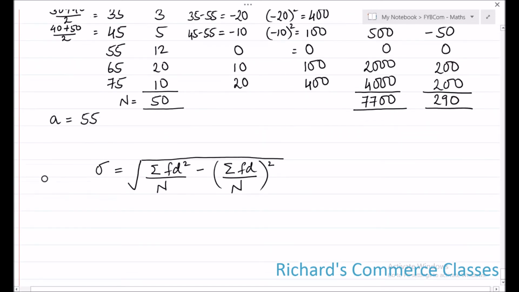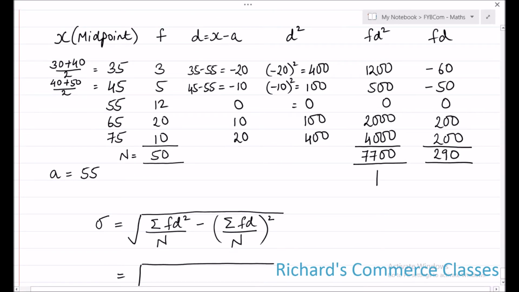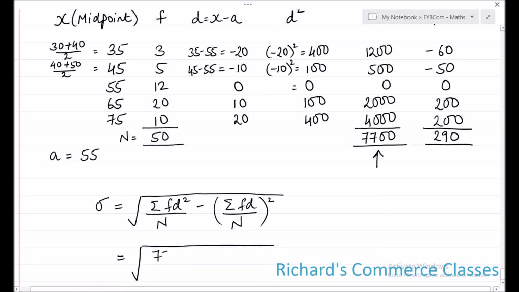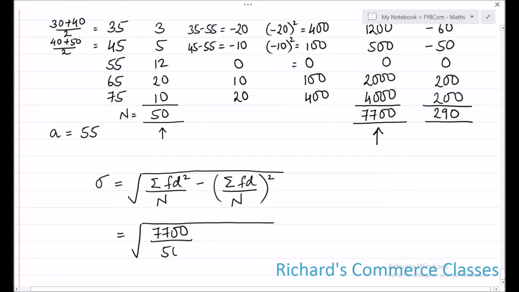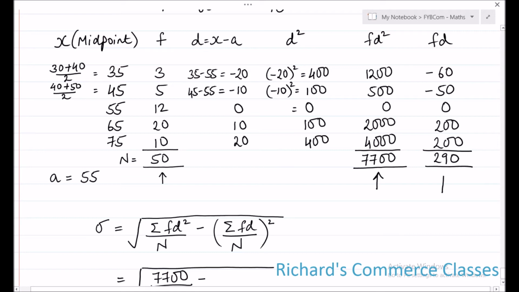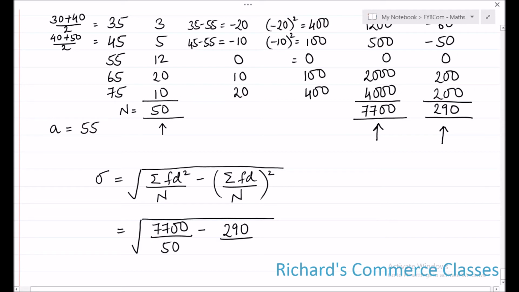Solving this further, that is equal to square root of summation of fd square is here, this column fd square, our second last column, and the summation total is 7,700 divided by n, which we have just calculated, total of the frequency column F, that is 50, minus summation FD is our last column FD, and the summation, the total is 290, which will be 290 divided by n, that is 50, the whole square.